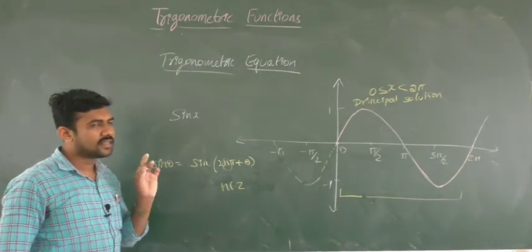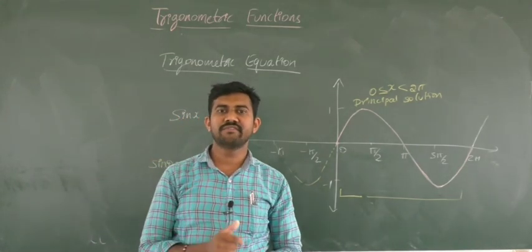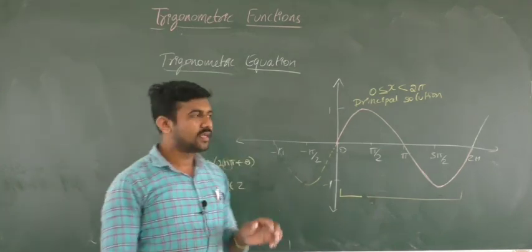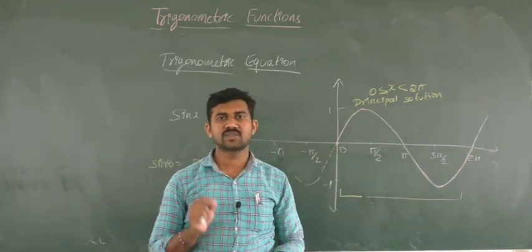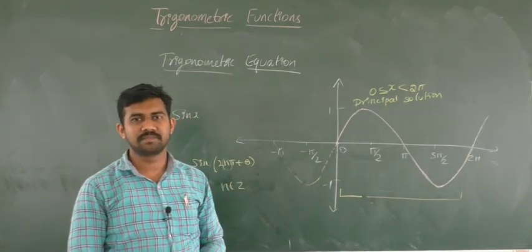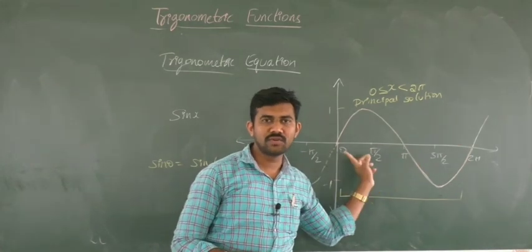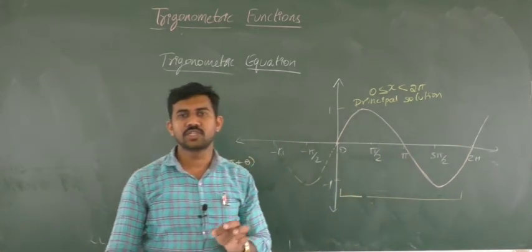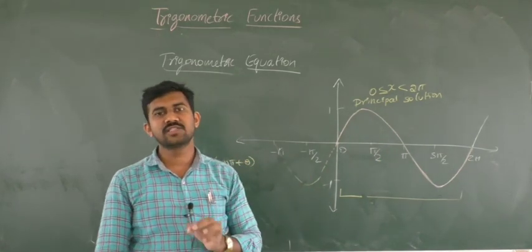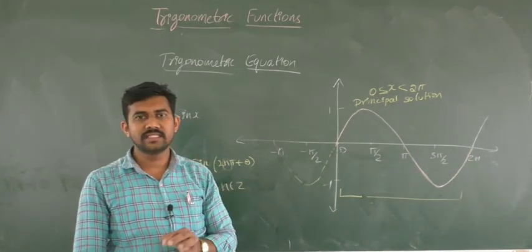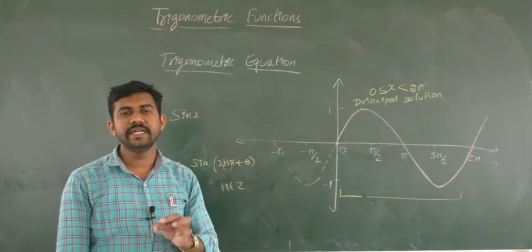Means we can say there are infinitely many solutions for a trigonometric function. But the solution obtained in one period, that is from 0 to 2 pi, is called the principal solution. And all the solutions, including the principal solution, are called the general solution. In general solution we are using n. n stands for an integer.